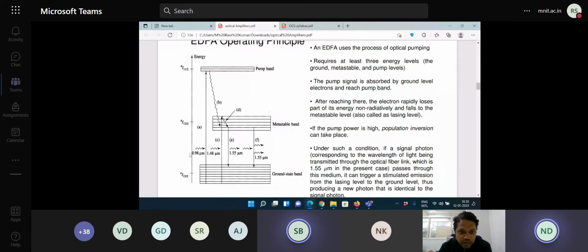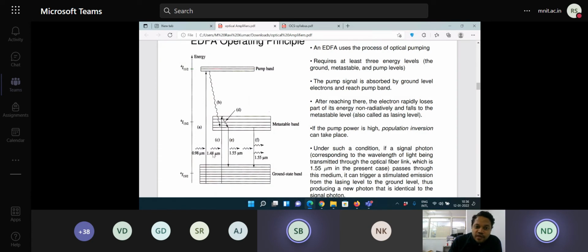If you look at this, 980 nanometers is a smaller wavelength, right? Which refers to a higher frequency. So the energy associated with this absorption is much higher than what you have for this. Because of this, what is more popular now is excitation using 1480 nanometers, because this is more energy efficient.